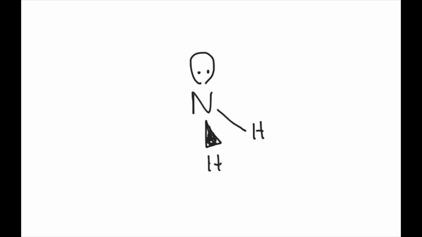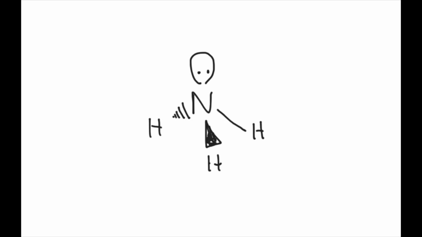So to redraw the nitrogen, I'm going to say that my lone pair of electrons are in the plane of the page. I am going to draw one hydrogen that is also in the plane of the page. I'm going to draw one hydrogen which is coming out of the page. And I'm going to draw one hydrogen which is going away from the plane of the page.